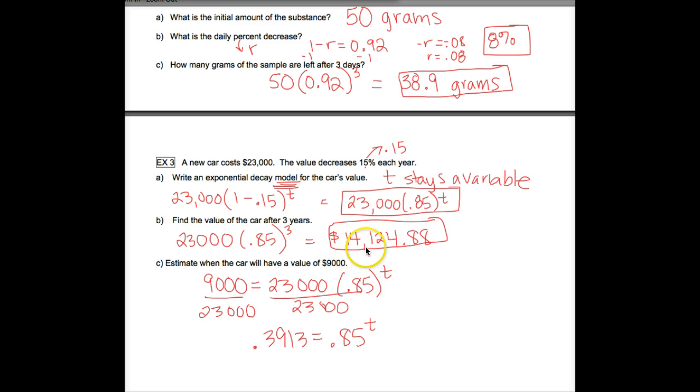So looking at the difference between 14,000 and 9,000, I would probably start at 5 just because 4 probably isn't a big enough difference between those two in order to be able to come up with something close to the value here. So I'm going to try starting at 5. So I'm going to take 0.85, and I'm just going to show my work over here to the 5th power and see what I get.